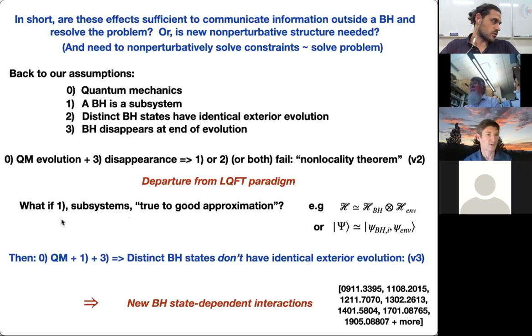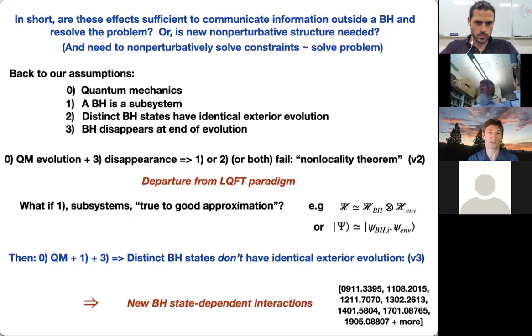So if that's true, then quantum mechanics plus subsystems plus disappearance tells us that distinct black hole states do not have identical exterior evolution. So that's version 3 of the theorem. In other words, we must have new black hole state dependent interactions.